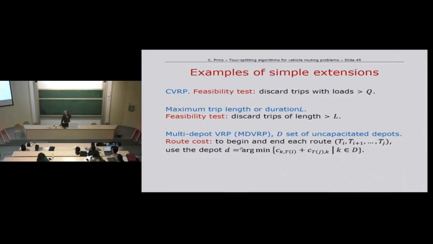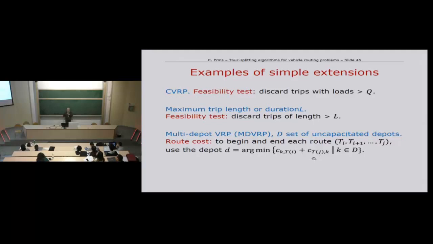For the multi-depot VRP, it's more tricky. In fact, you have a set of depots, and for each subsequence of customers, you just compute the best depot. It is the depot which minimizes the cost to go from this depot to the first customer and to come back from the last customer to the depot.